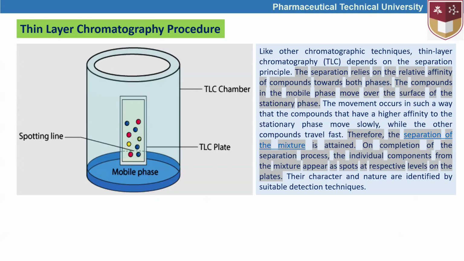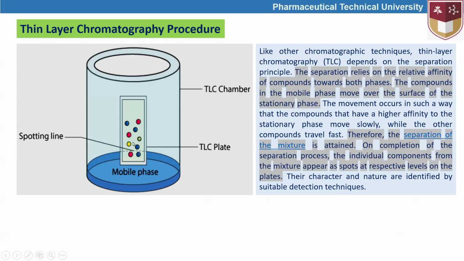In thin layer chromatography, we can see this kind of separation. The tool shown here can be glass, on the surface of which there is a layer of, for example, silica gel or aluminum oxide.